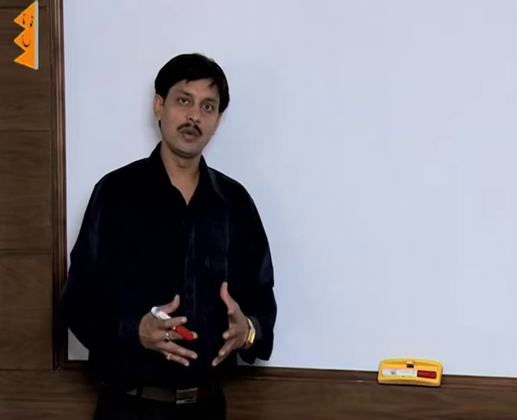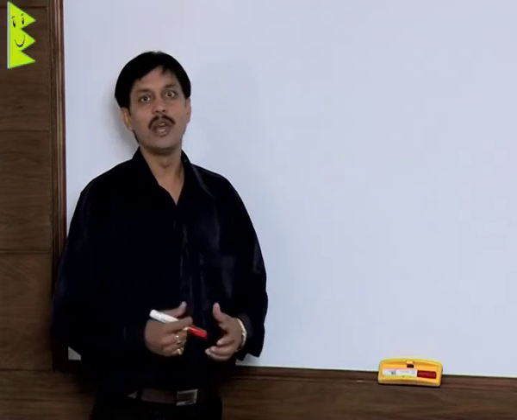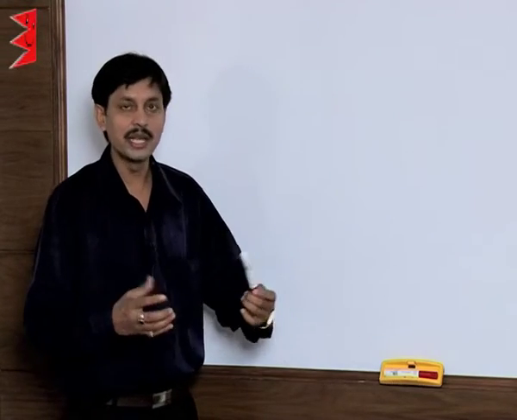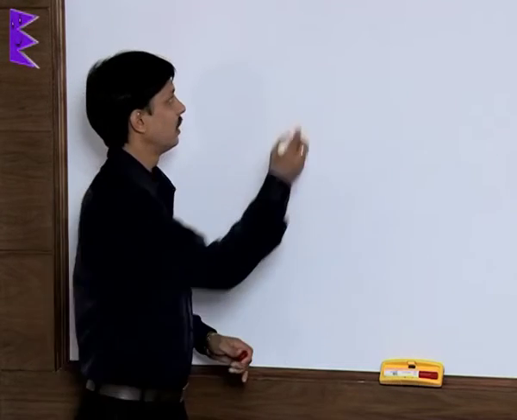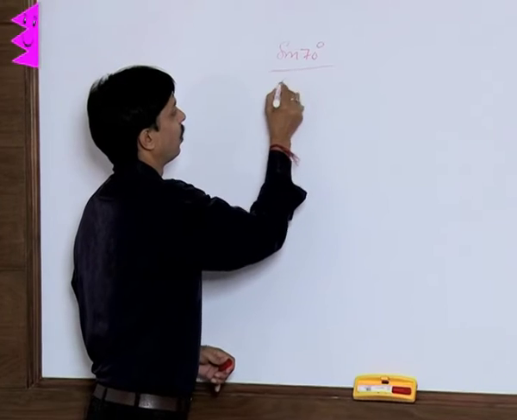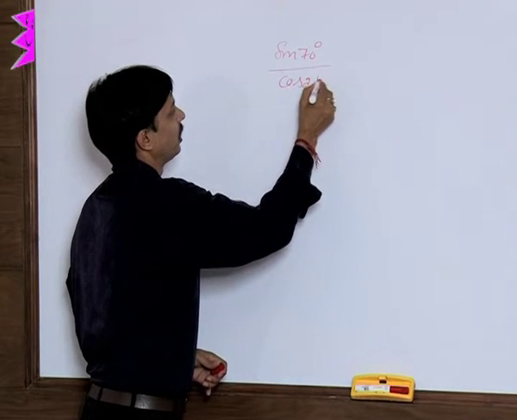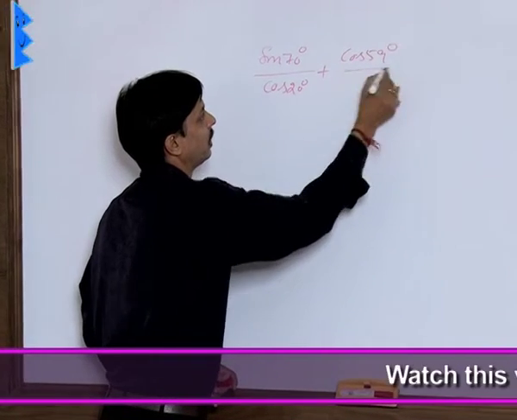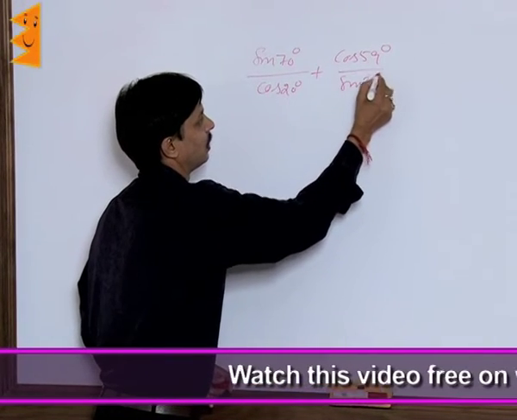Now I am taking one example where, without using the trigonometric table, we will find the value of the result. Suppose I take the example like sin 70 degree upon cos 20 degree plus cos 59 degree upon sin 31 degree.